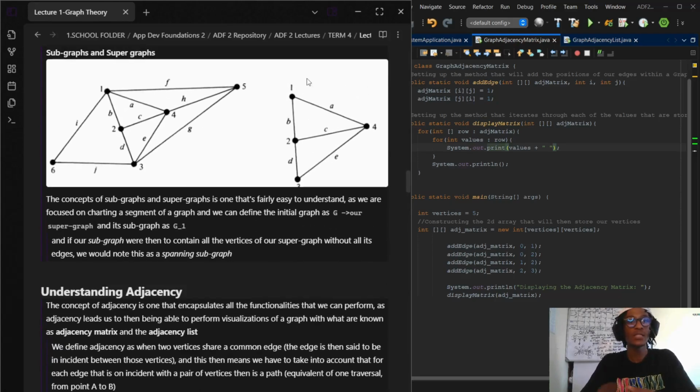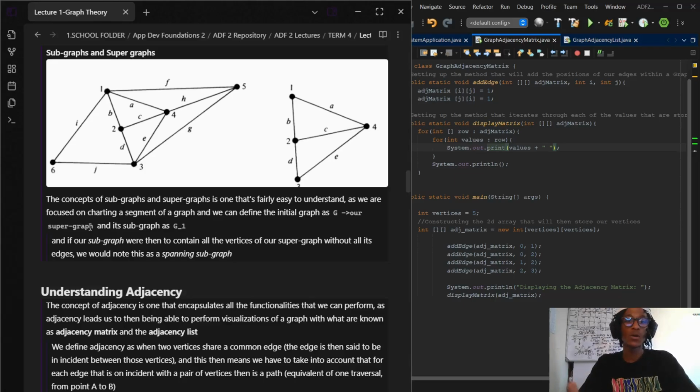And then subgraphs and supergraphs. The concept is fairly simple to understand because we're taking a piece of a graph and charting it as its own segment. We can define the initial graph, which would be this bigger one, as our supergraph called G. And its subgraph, we would call G1.